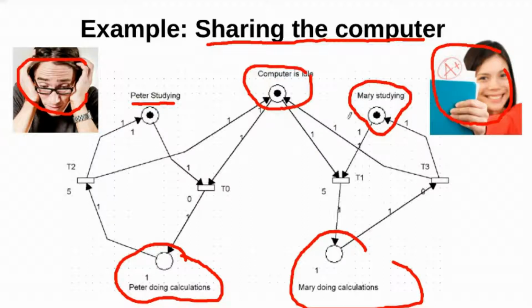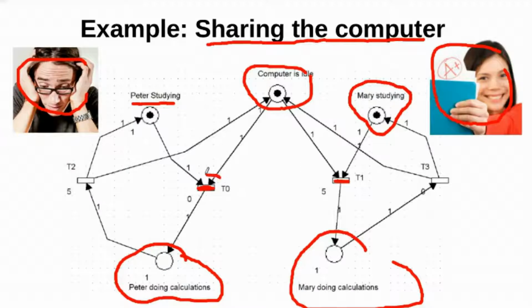So because Mary is very sure on what to do, Mary spends a small time doing calculations. So this transition behaves the other way around.